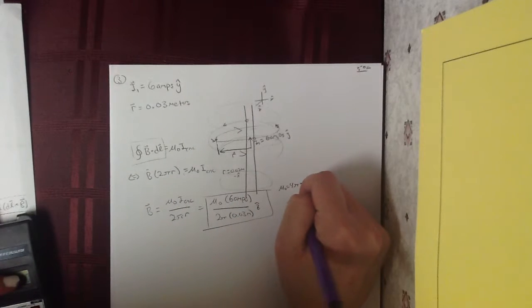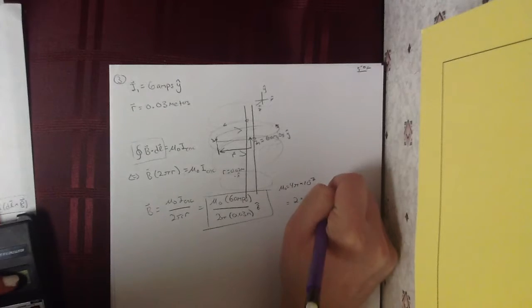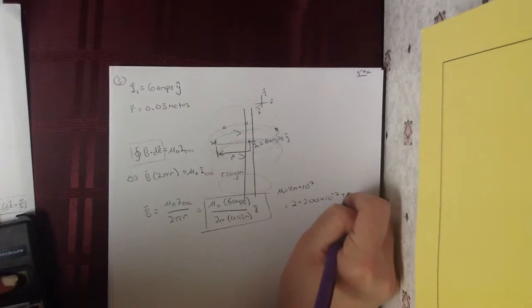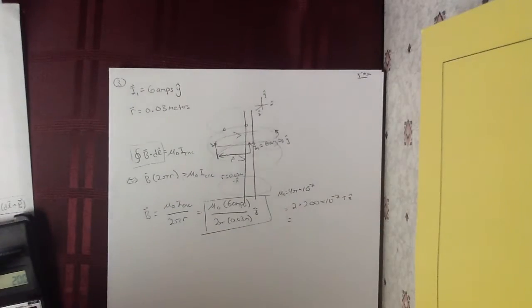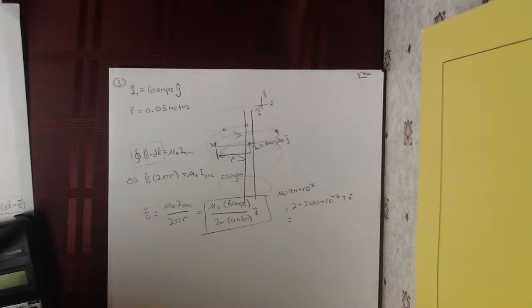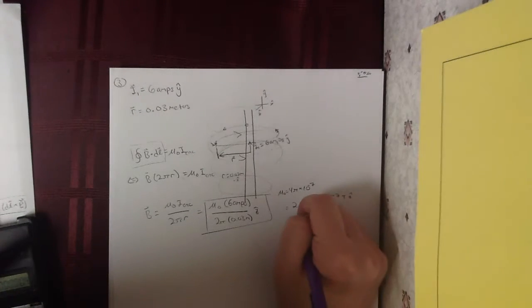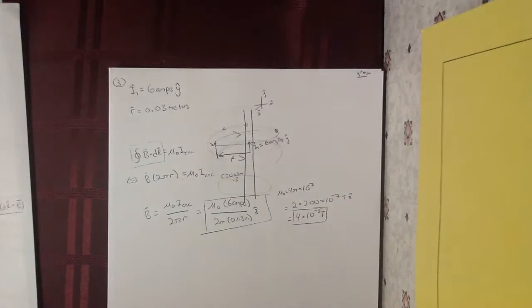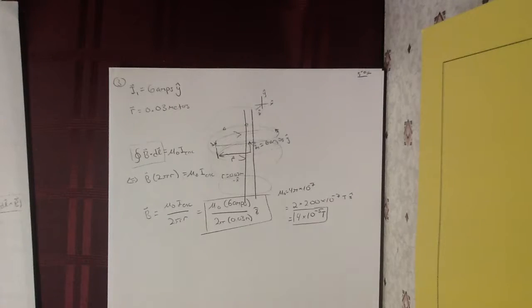So you're going to get 2 times 200 times 10 to the minus 7 Tesla in the z direction, which I think is going to be like 4 times 10 to the negative 5 Tesla. Okay? Good! Awesome! Okay, excellent.